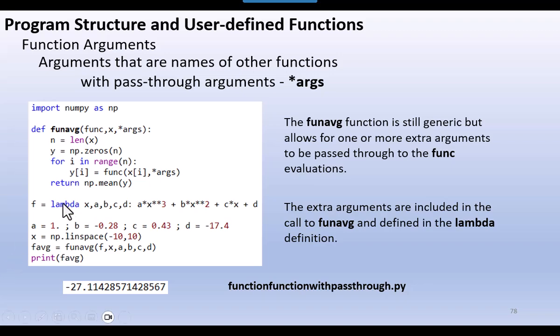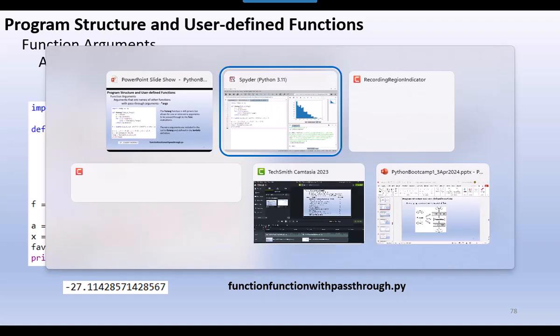We could use just a general DEF of F, but I've used the lambda function because it's more compact, okay? And the only curveball on this is, what do we do when one or more of our arguments is not a generic argument, but is a keyword argument? So let's show an example of how you handle that.